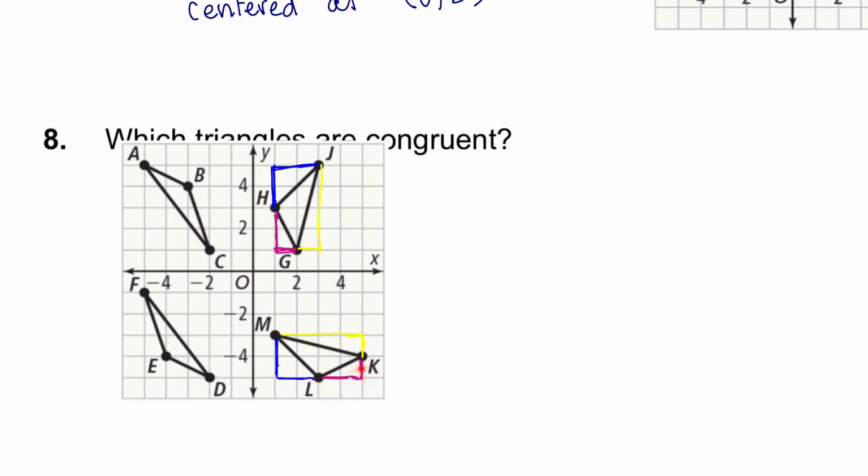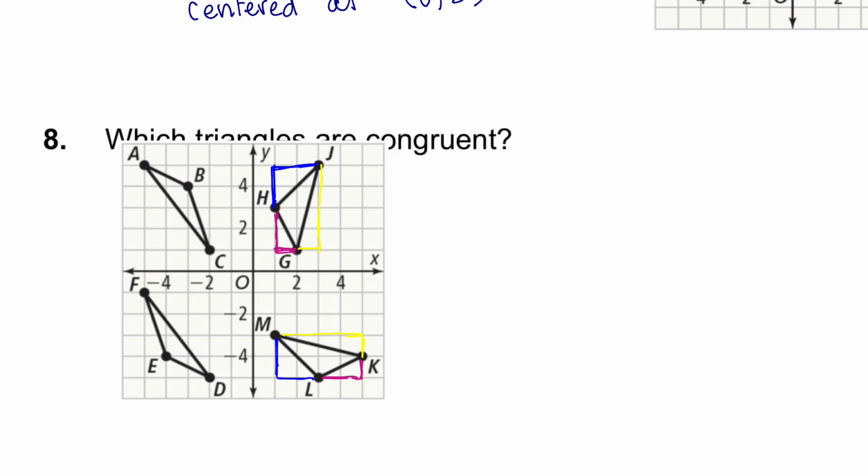Same triangle, legs 2 and 1. This section, which is the longest side of this triangle, and I made a right triangle here that has legs of 1 and 4, will correspond with this section. And then we see the other part too. So they correspond. So that means that these two triangles are congruent.